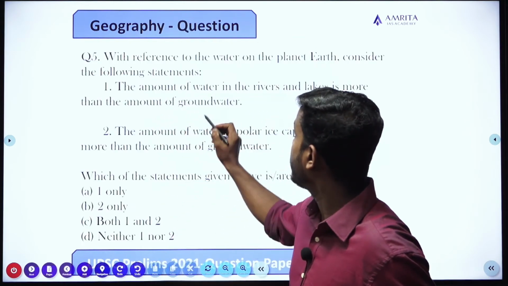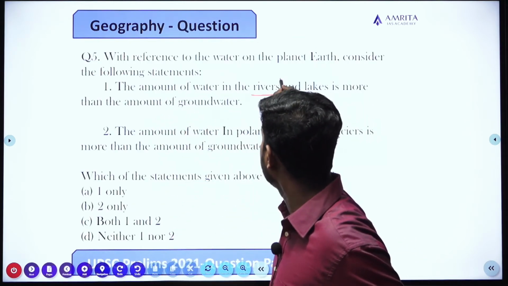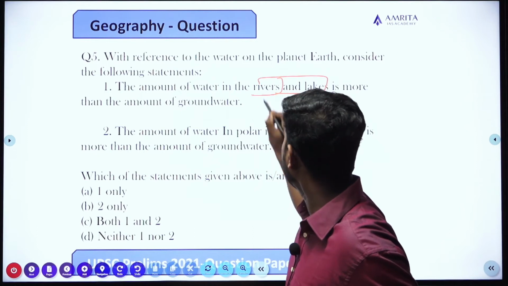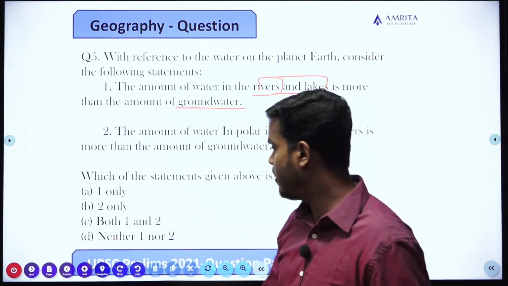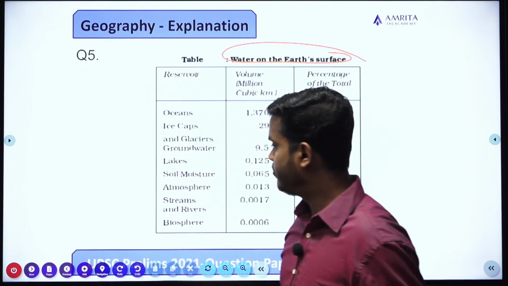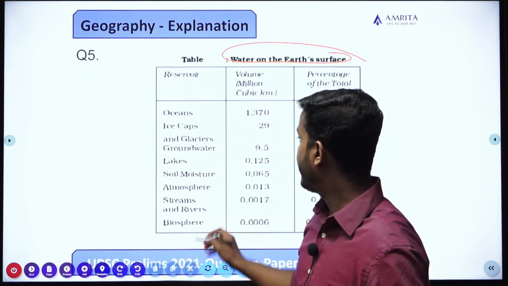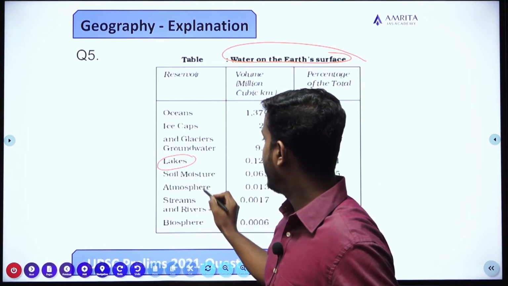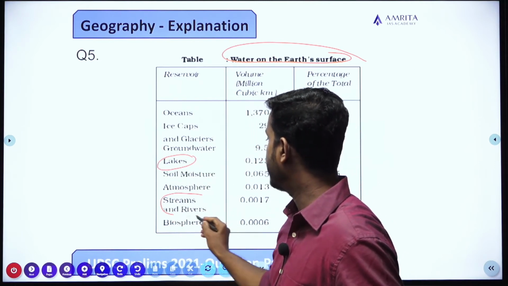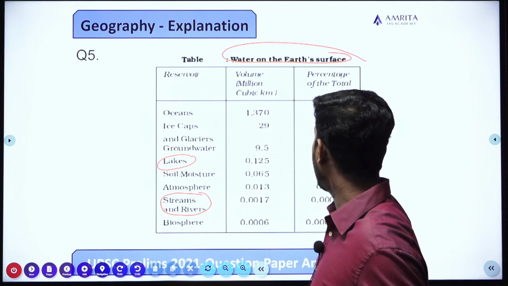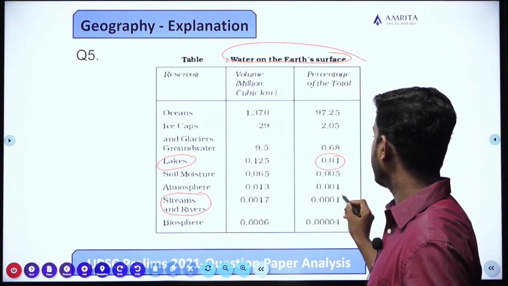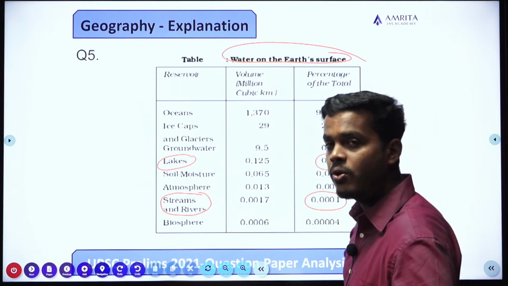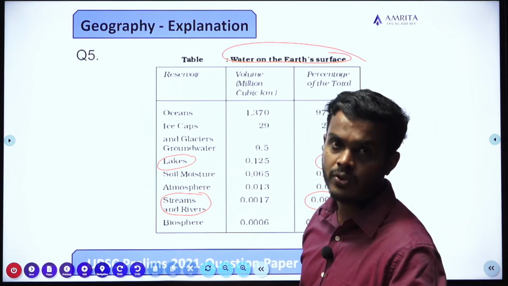First statement is talking about the amount of water in the rivers and lakes being more than the amount of groundwater. Now we will go back to the table and check. We have lakes here and we have streams and rivers here. Lakes have only 0.01% of water and streams and rivers have only 0.001% of water of the surface of Earth.